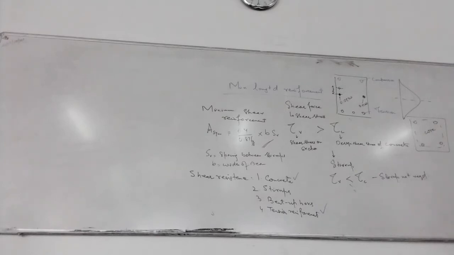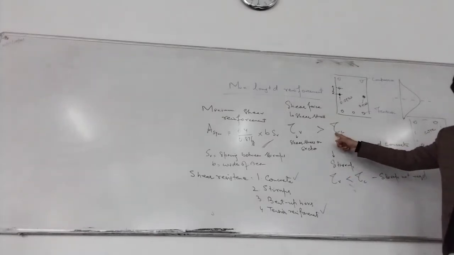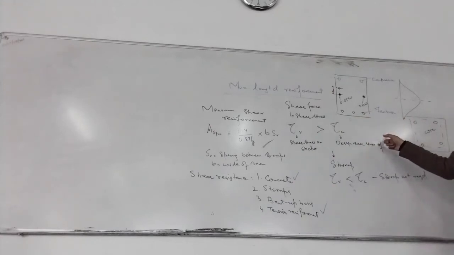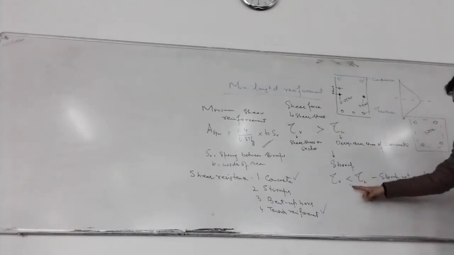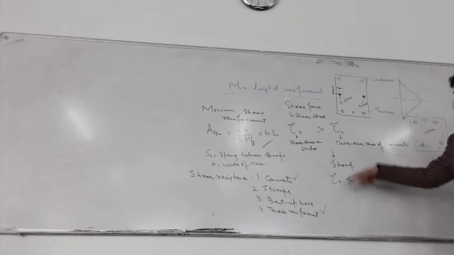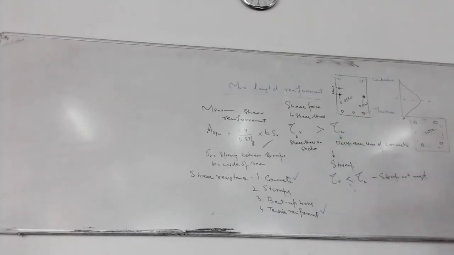So now if this is equal here, you are then simply providing the minimum. If this is less, still the minimum. But if it's more, tau v is greater than tau c, now how much then do we provide? So that's given here in 40.4, page 72.